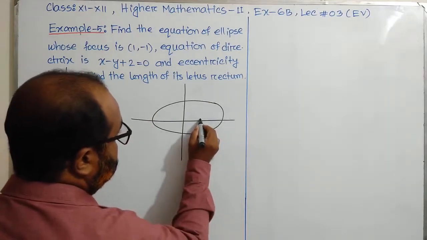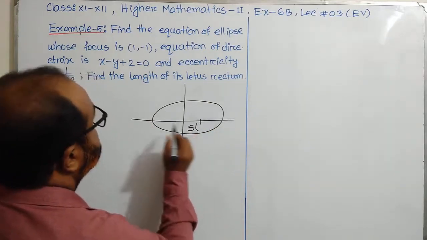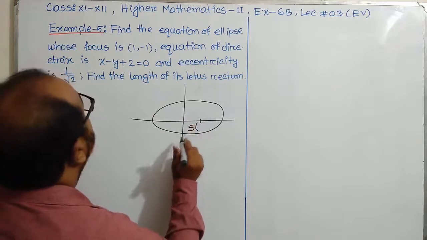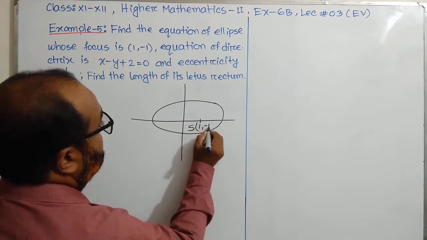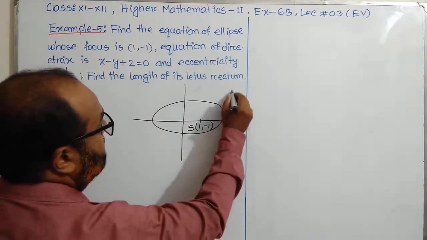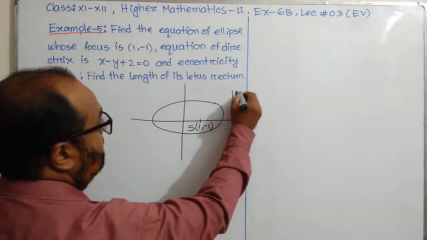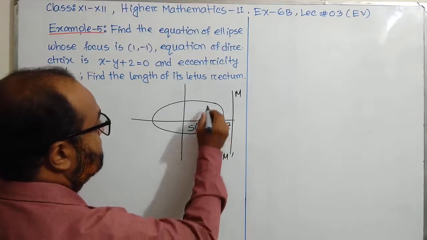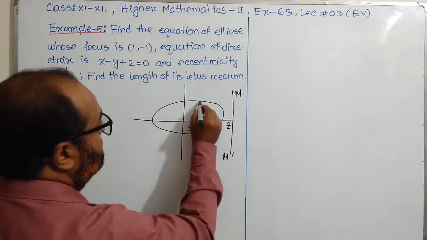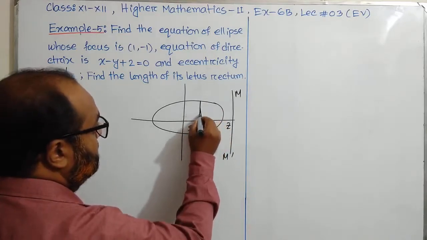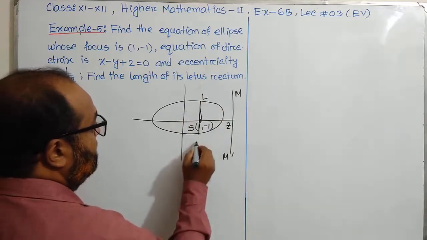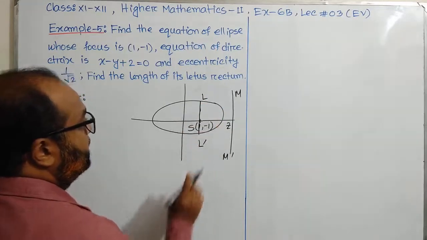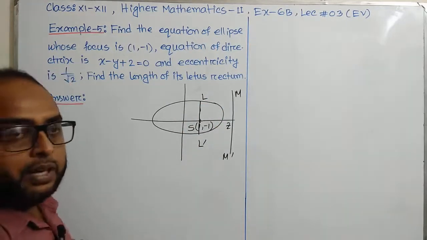Here focus is given, focus S, this is (1, -1), and here directrix M prime, here this is Z, and you know L prime, this is the length of latus rectum.